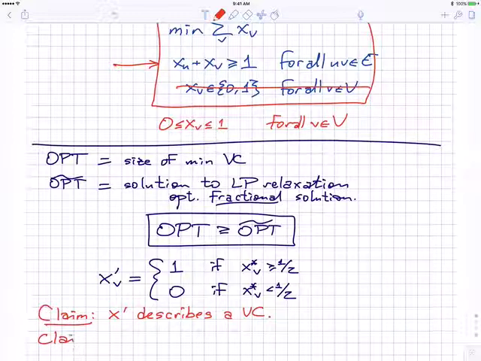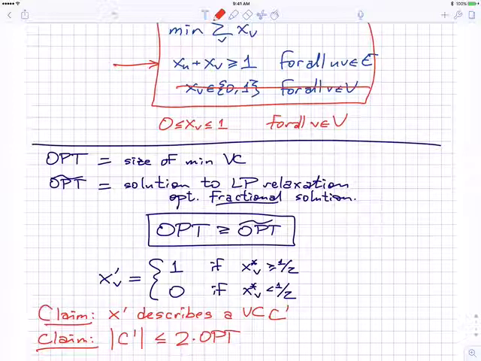And now claim, let's call this vertex cover C prime. The size of C prime is at most 2 times opt. Why is that? When we round up, what do we do to the objective value?